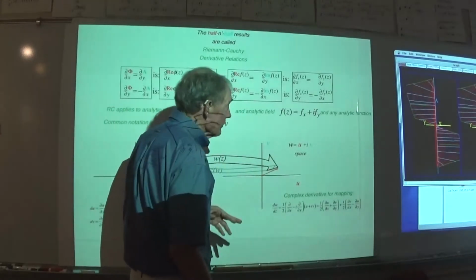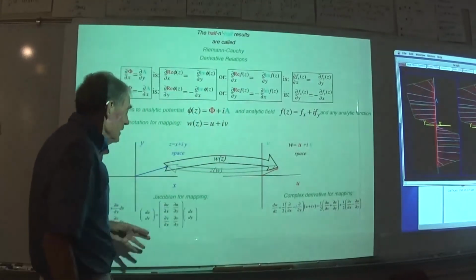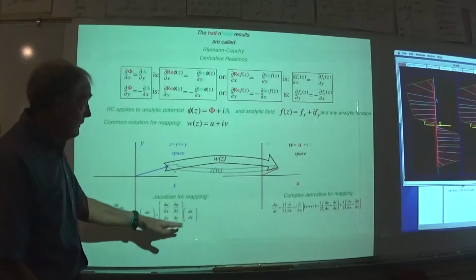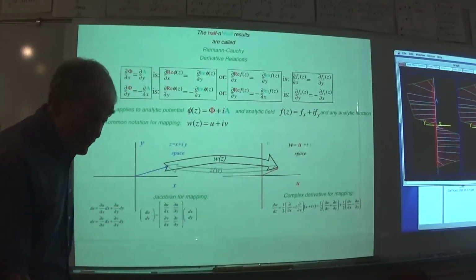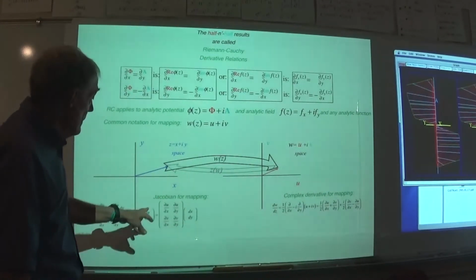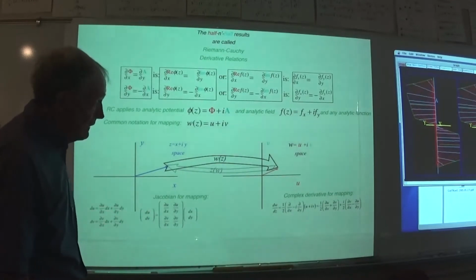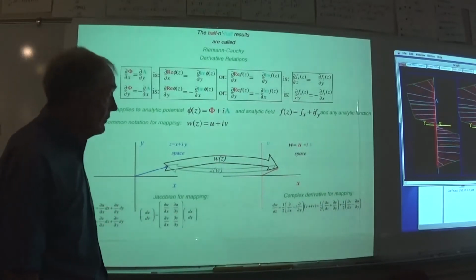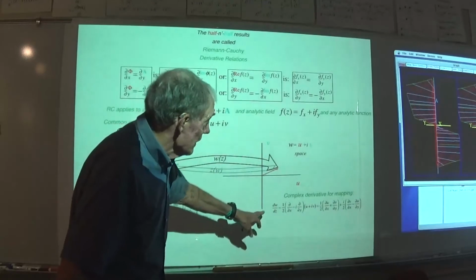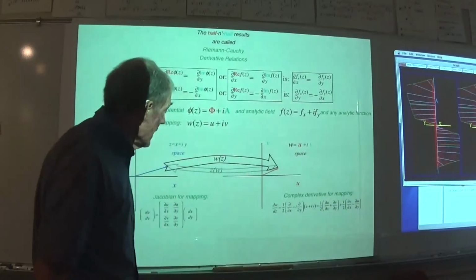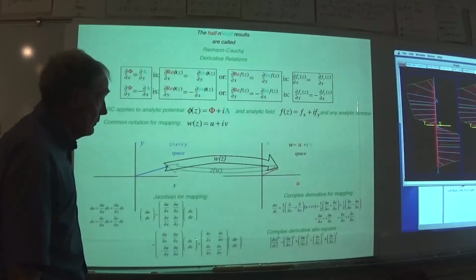well, the function that does that, w of z, has some properties that relate to our mechanics. The Jacobian for a mapping, it's an analytic function mapping, so it's going to have the properties. It's going to have a complex derivative that looks like that, and what's neat is there's a relationship between that derivative. It equals the Jacobian determinant.